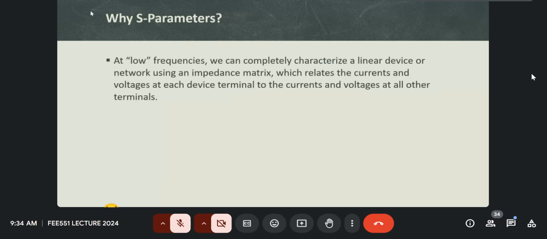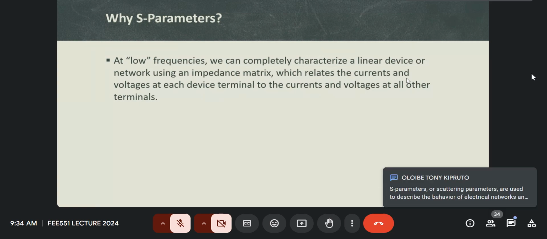Okay, we need S parameters because at low frequencies, we can characterize a device by using the impedances, the admittances, Z and Y. But at high frequencies, there's an issue, and Abel has told us the issue, where we can't really work with the impedance or admittance.